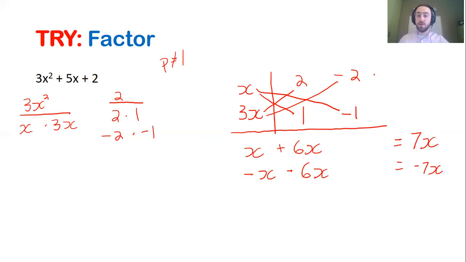Well, we didn't write down all our possibilities for our factors. So you might have thought all our factors are only 2 and 1 and -2 and -1. That's correct. But we have to write down the inverse of those as well. So here we have 2 and 1. Well, is 1 and 2 not a factor of 2 as well?